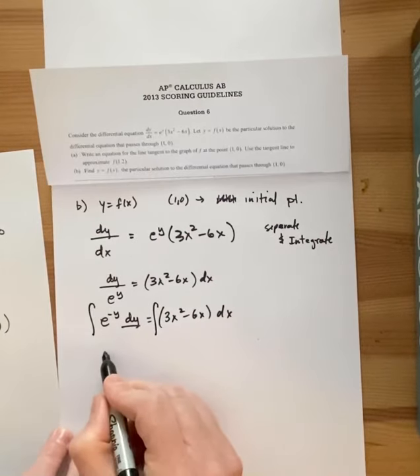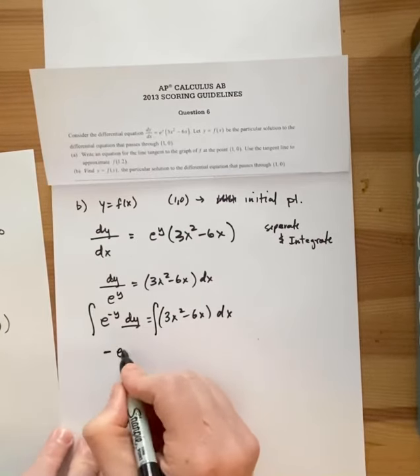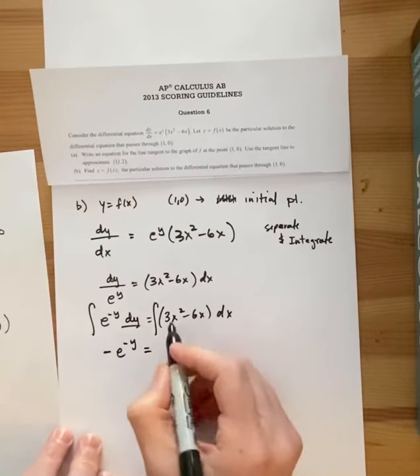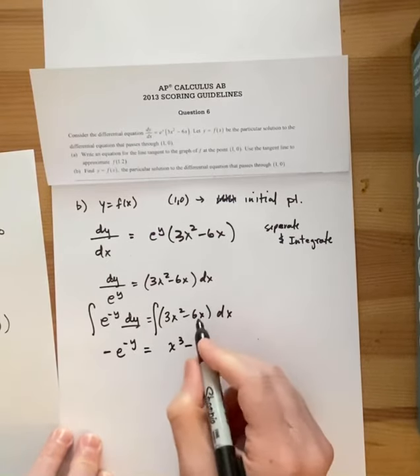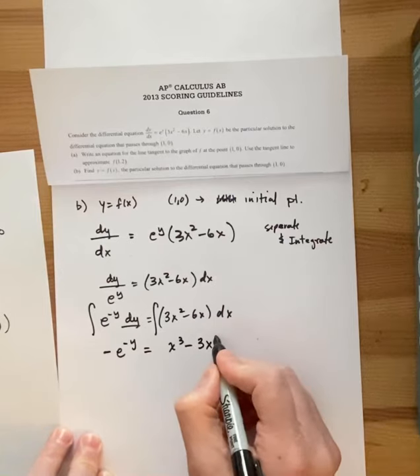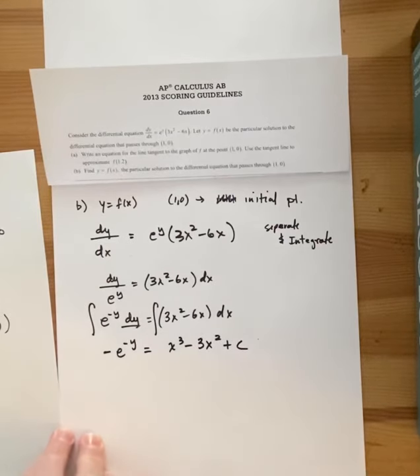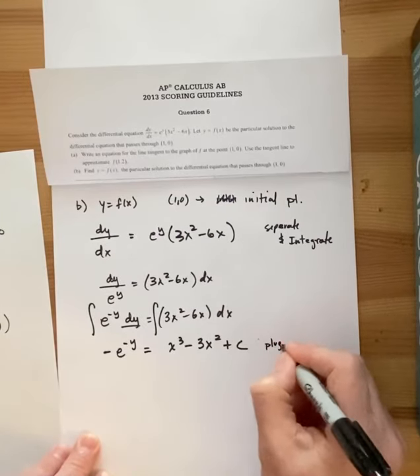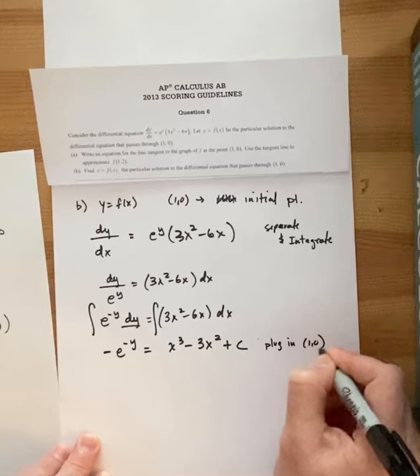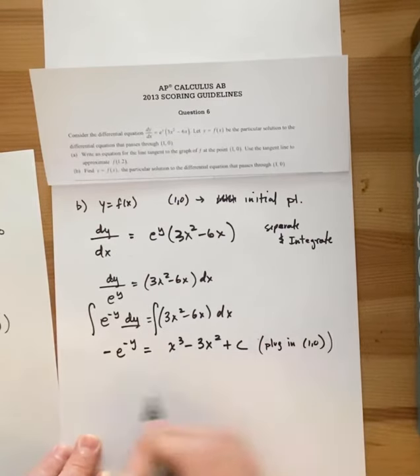Okay, so this is going to be a negative e to the negative y equals x cubed minus, so we're doing antiderivatives, 3x squared plus c. Okay, now I would plug in here, plug in our point so we can find c.